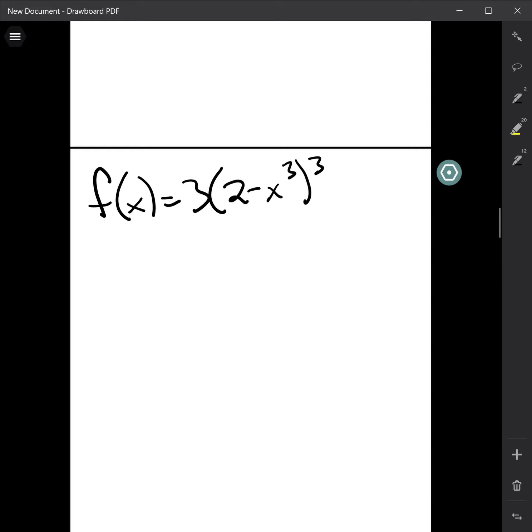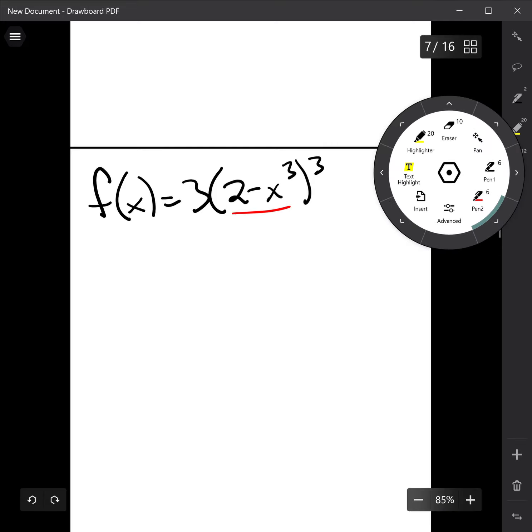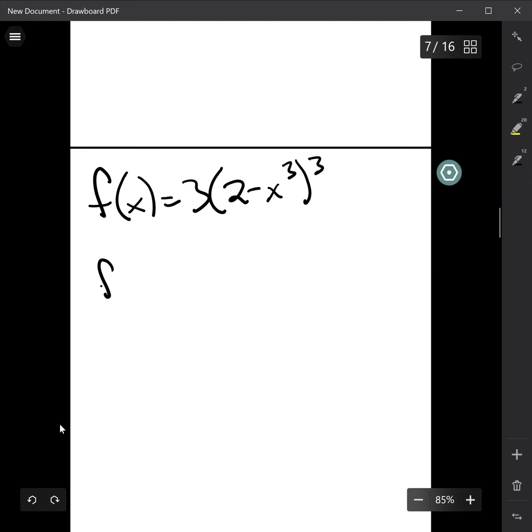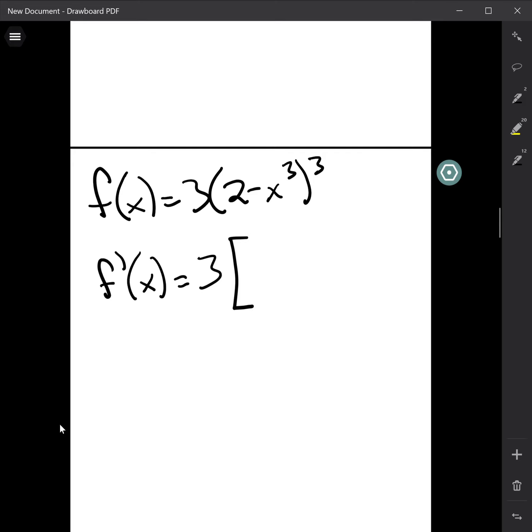Now if we derive this, first thing to note is we need a chain rule. We got something trapped by a power. Okay, let's go for it. Chain rule. When I derive this, first off, I copy down the 3, and then I do the chain rule.